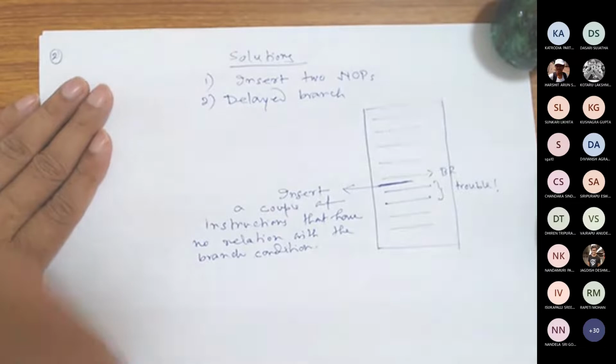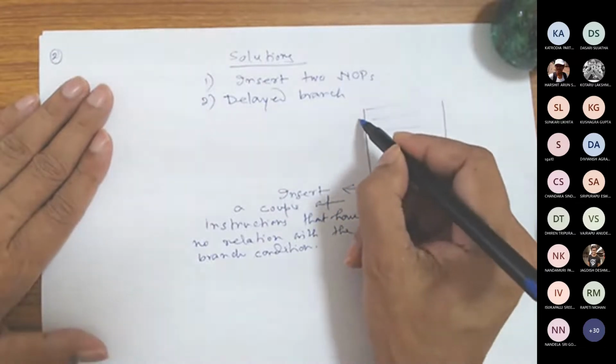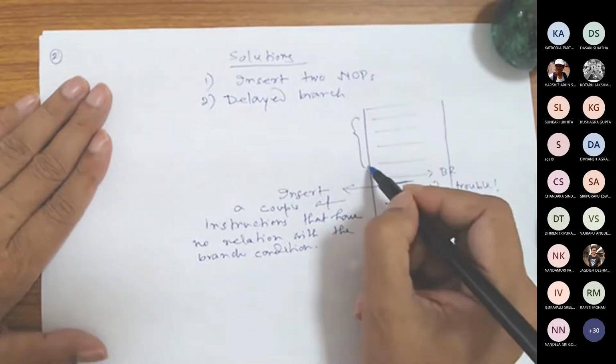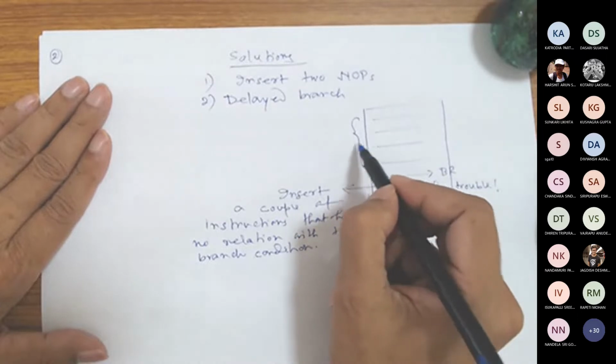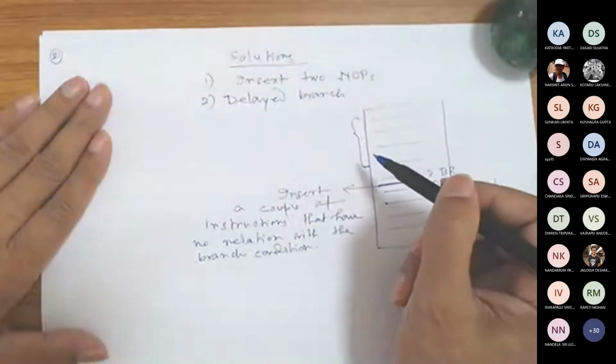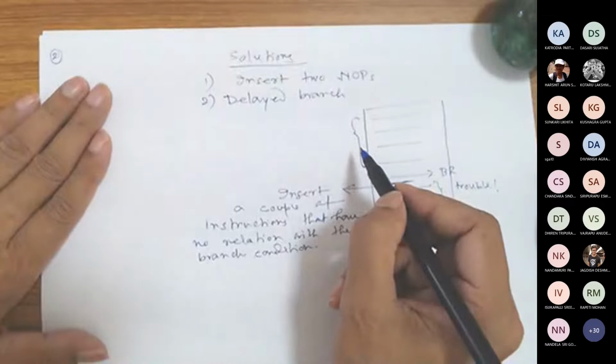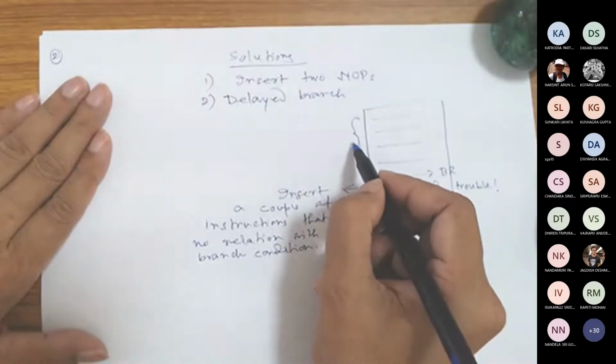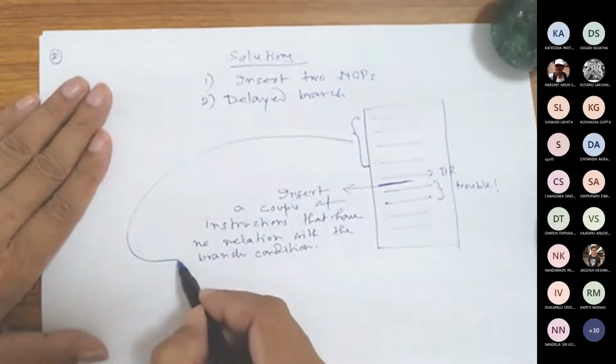So the solution is that I should search into the segment prior to branch. We would like to find the solution from here.